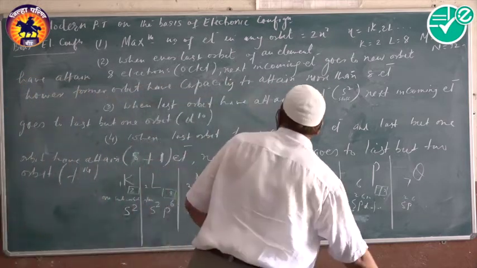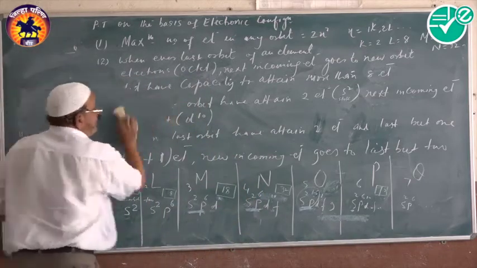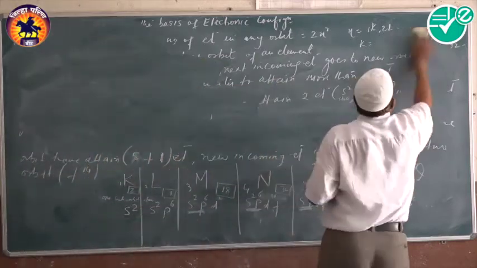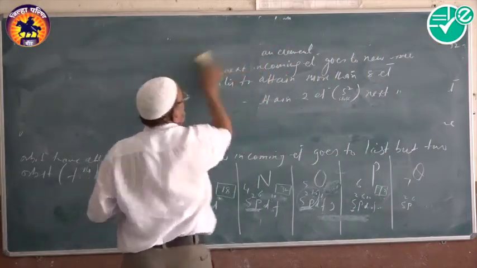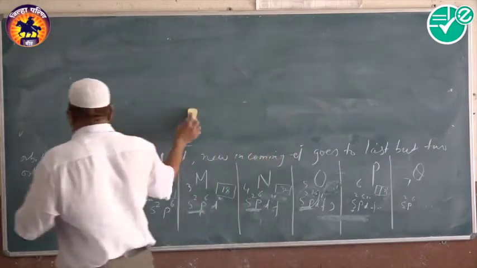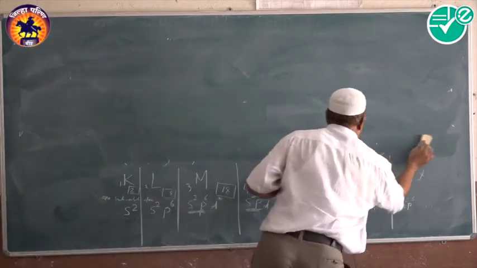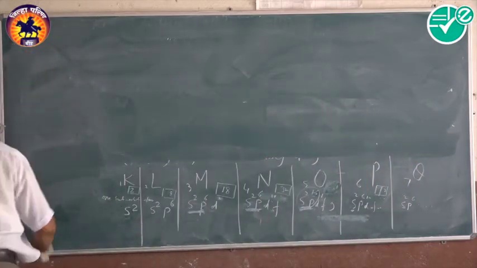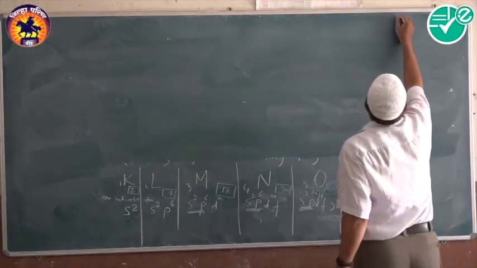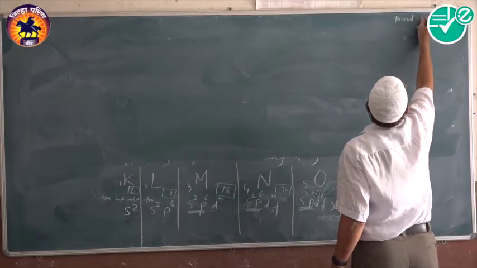Okay, now we will discuss the periodic table on the basis of electronic configuration. In the modern periodic table, the number of periods is 7.